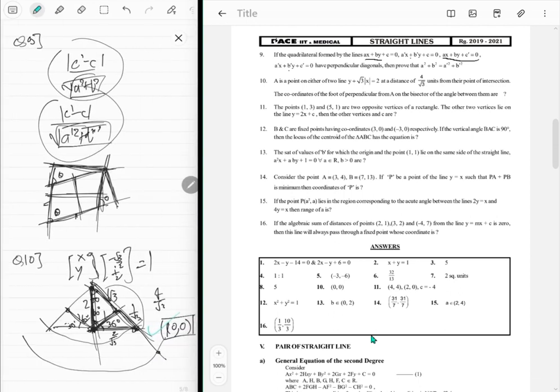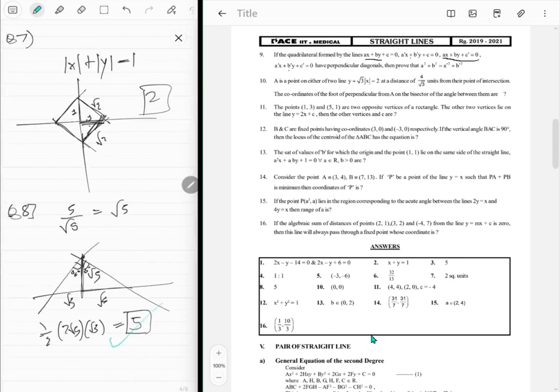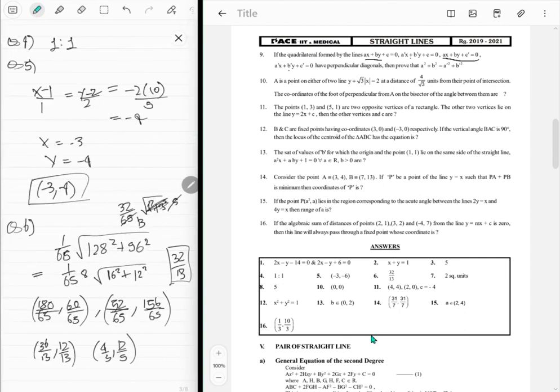Wait, question number 12. Then question number 8 is 5. Okay. Cool. -6. Why is this -4 over there? And that's different. Okay, wait. What did you do?